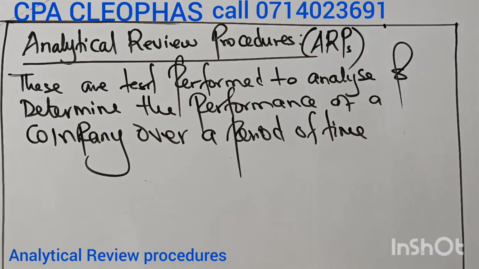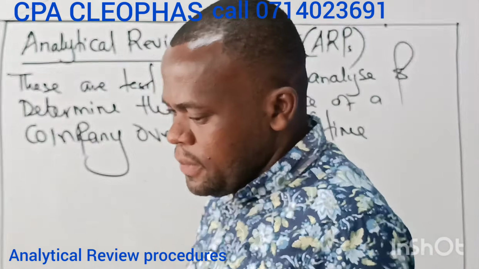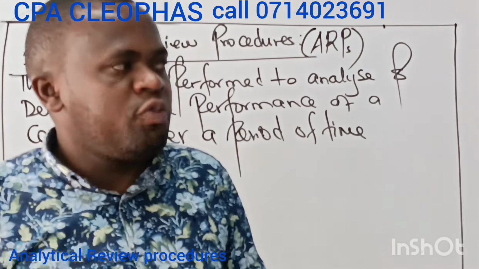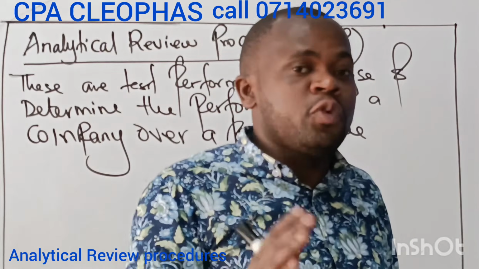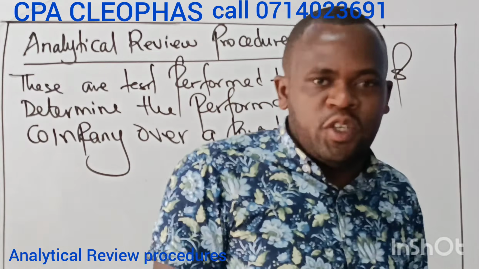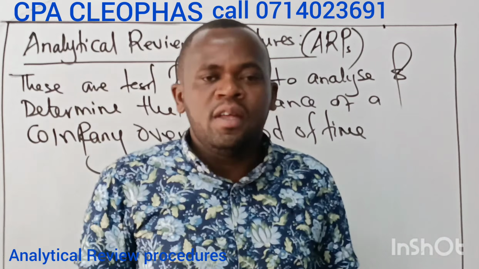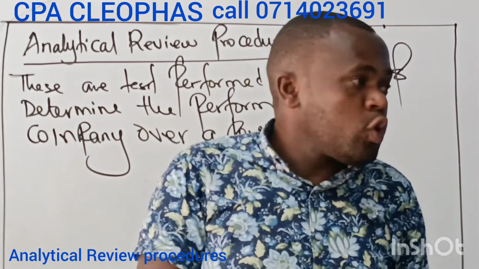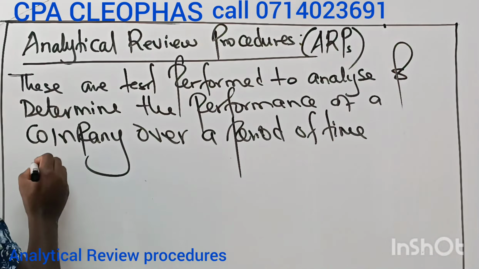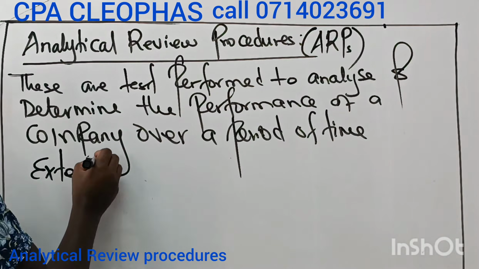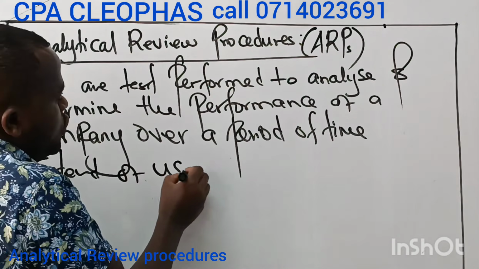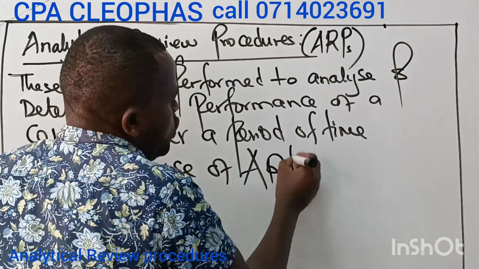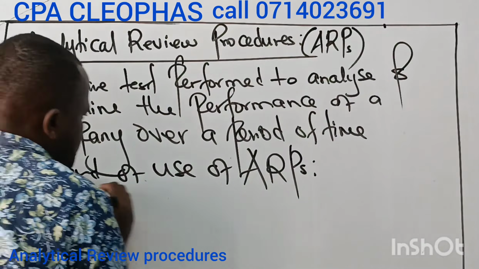Now, another thing I want us to know is the extent of use of ARPs. Not everyone can use the analytical review procedures. It's important to know the extent, because that's what the examiner asks: the extent of use of analytical review procedures.